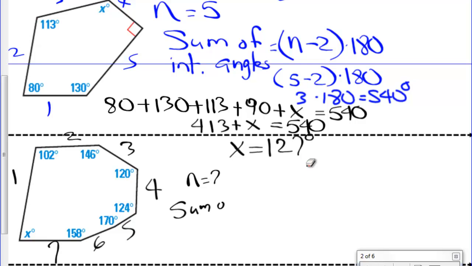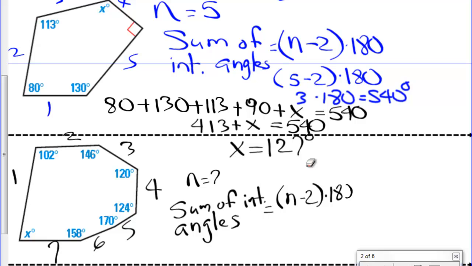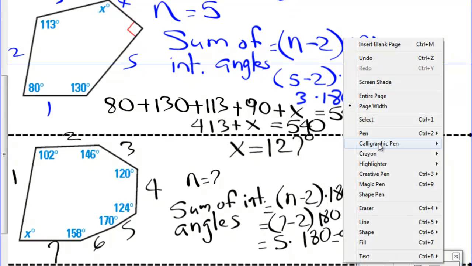Sum of INT, abbreviation of interior angles, is equal to n minus 2 times 180. So what is n? It's 7. So 7 minus 2 times 180. That gives me 5 times 180, or 900 degrees.